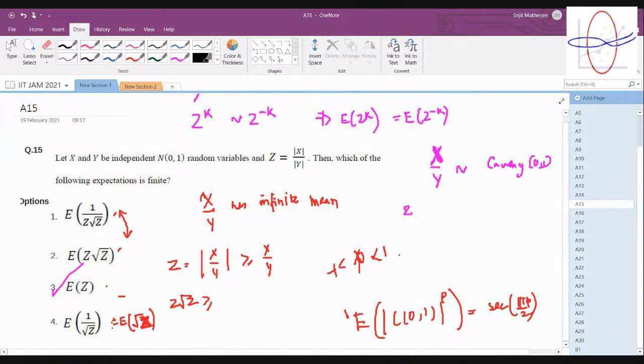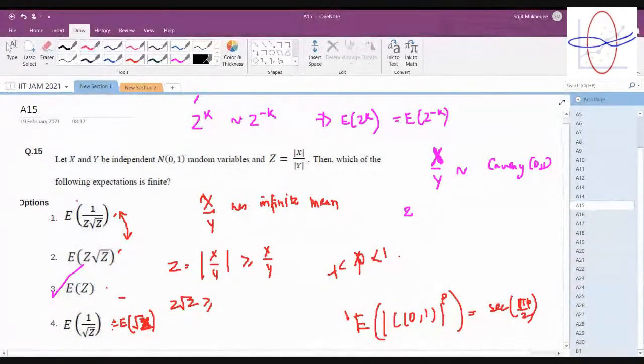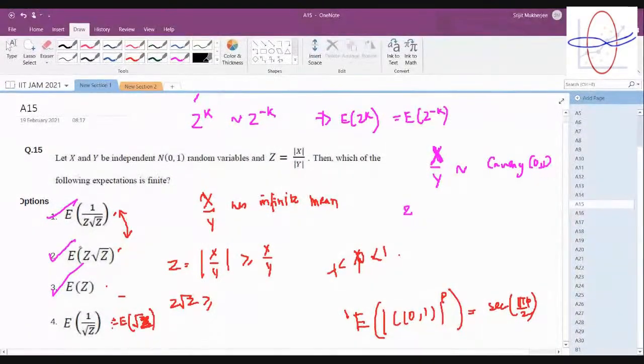This is Z to the power 3 by 2, and this is Z to the power minus 3 by 2, so the expectation is the same. If this were finite, then that would have been finite too. It was a multiple choice, so that is not the case. Therefore this is not true; these are false.